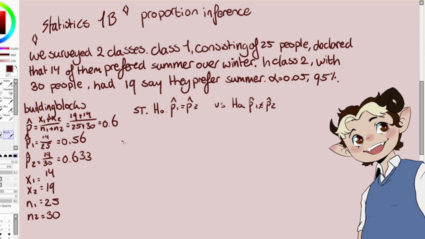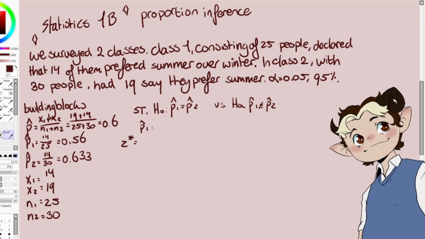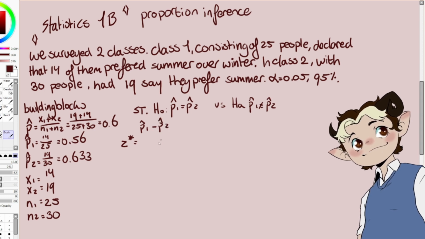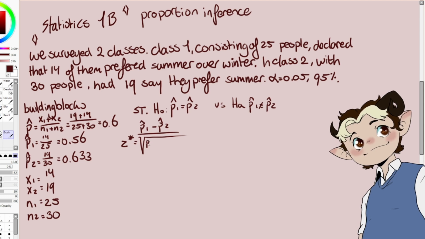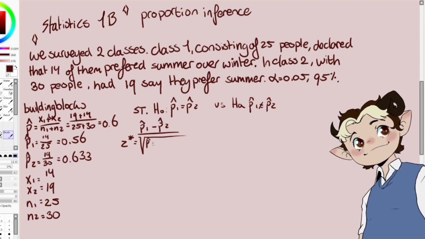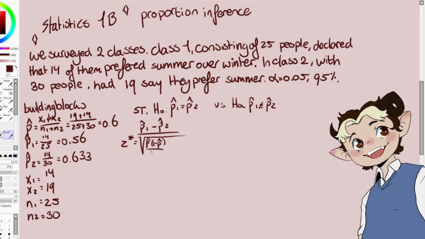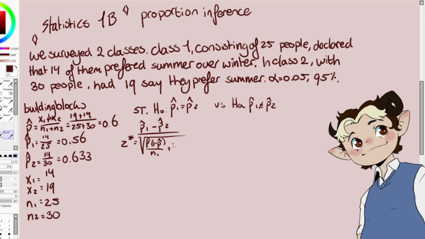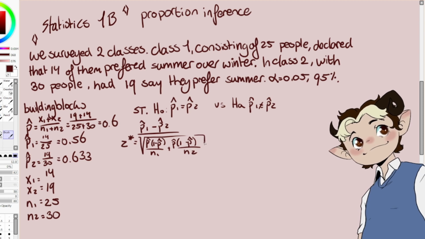Well, then let's look at our formula, which was our z, which was p hat 1 minus p hat 2 divided by the square root of p hat total times 1 minus p hat total divided by n1 plus p hat total times 1 minus p hat total divided by n2.